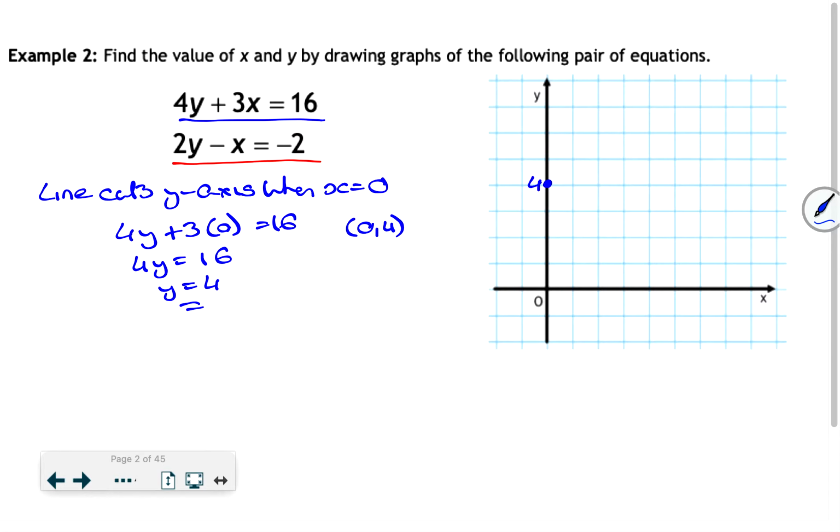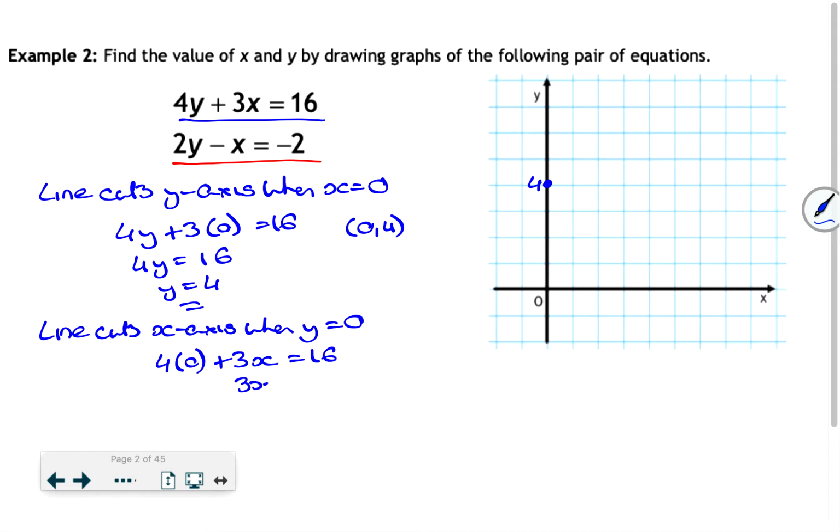Let's find where it cuts the x-axis. So I can say that line cuts the x-axis when y is equal to 0. So do the same thing. So it's going to be 4 times 0 plus 3x is equal to 16. So that's going to give me 3x is equal to 16.